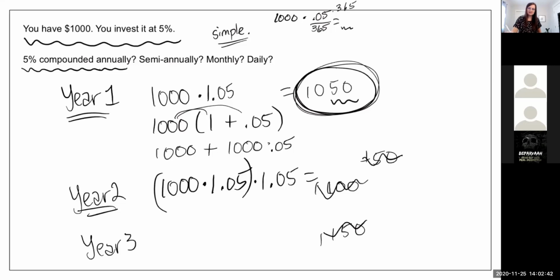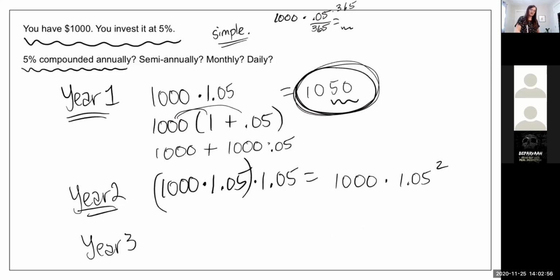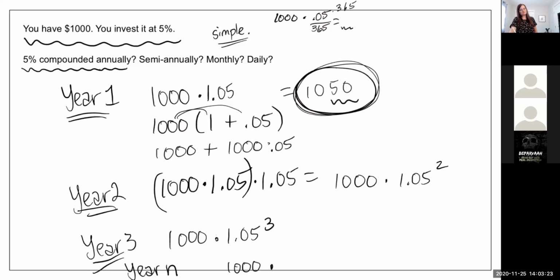So that's the same as, if you just look at the process here, we have 1,000 times 1.05 to the power of 2. I'm just going to keep it that way because for year 3, you're going to have 1,000 times 1.05 to the power of 3, and so on. So hopefully that makes sense. So compounded annually, you can say for year n, you're going to have 1,000 times 1.05 to the power of n.